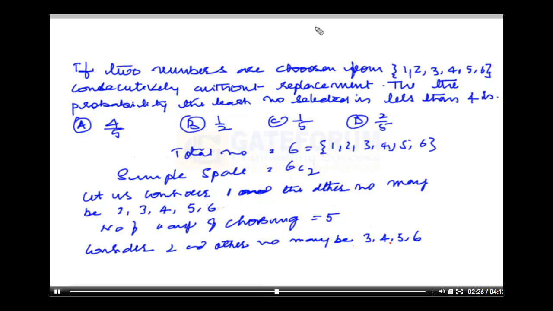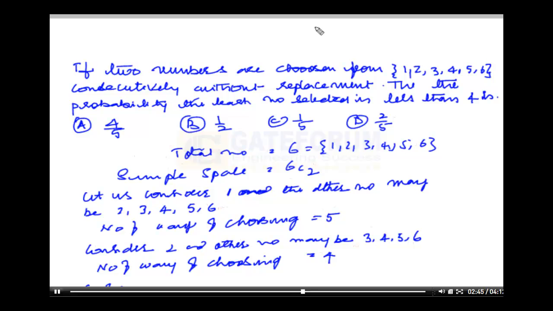So one of them is 2, with any one of the above 4 numbers, so the number of ways in this case is 4.